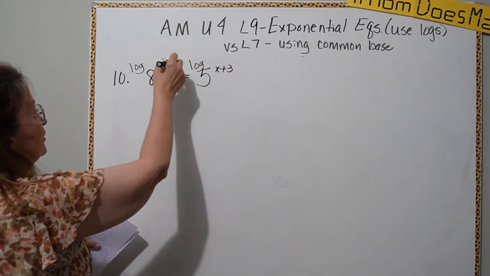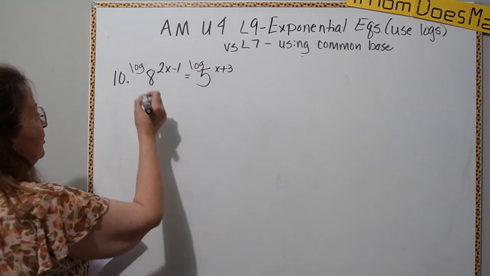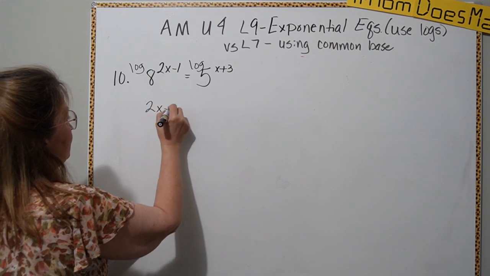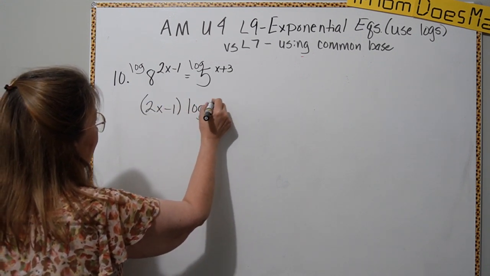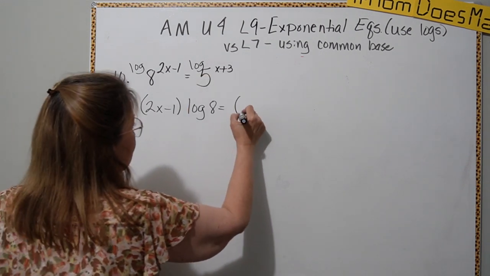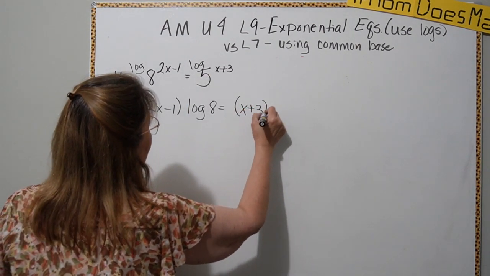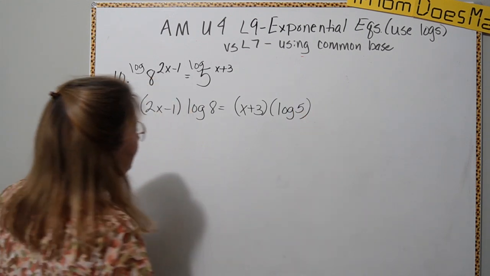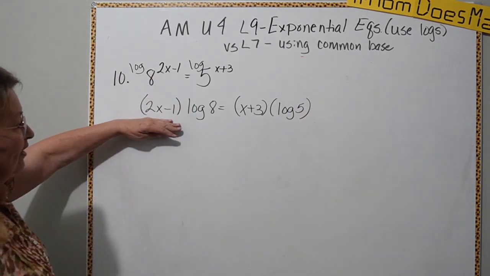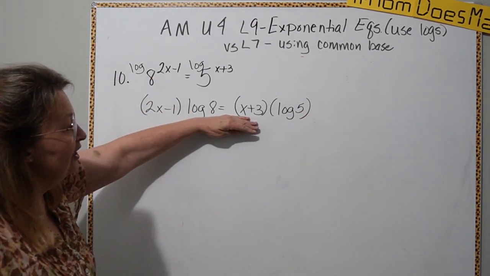Then the next thing we're going to do is take the exponential and whip it around in front. So I'm going to have 2x minus 1 times log of 8 equals x plus 3 times log 5.